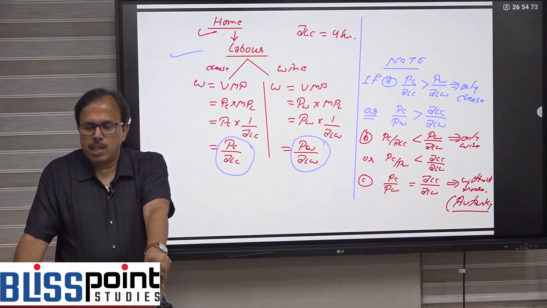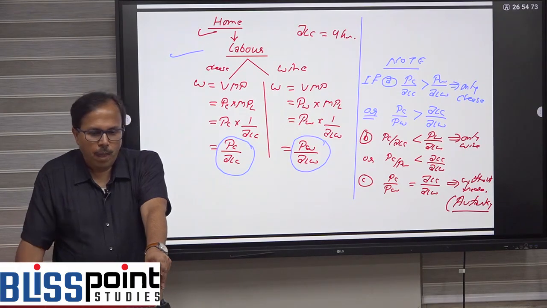Actual production point is determined by movement of labor, full stop.